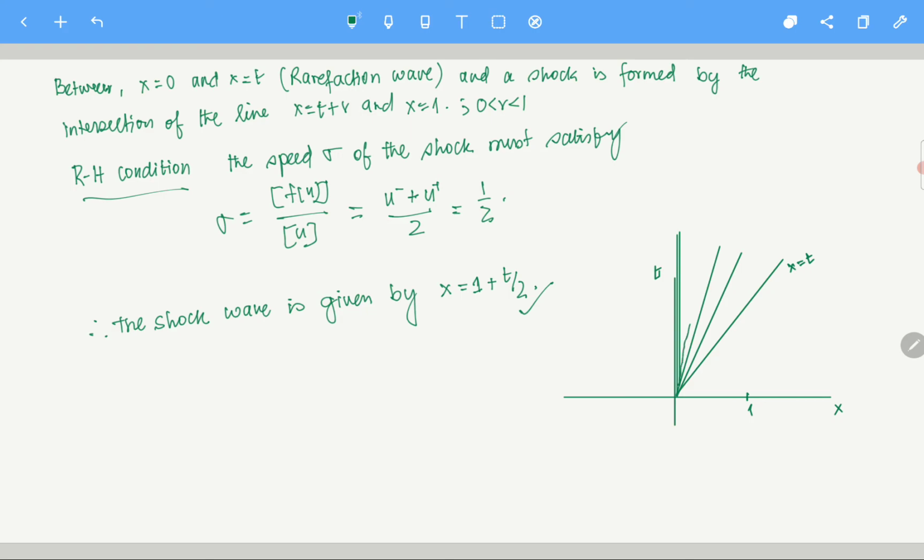Let me draw another one. There is some problem with the software, it's going the other way, but you do realize what is happening. So u is x by t here. Clear? This is exactly the same thing we did earlier in the rarefaction case. And u equals 0 here.